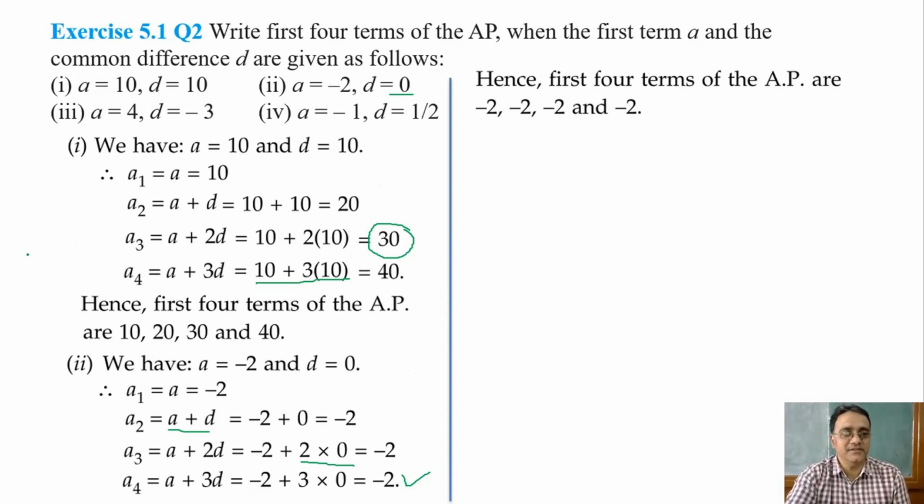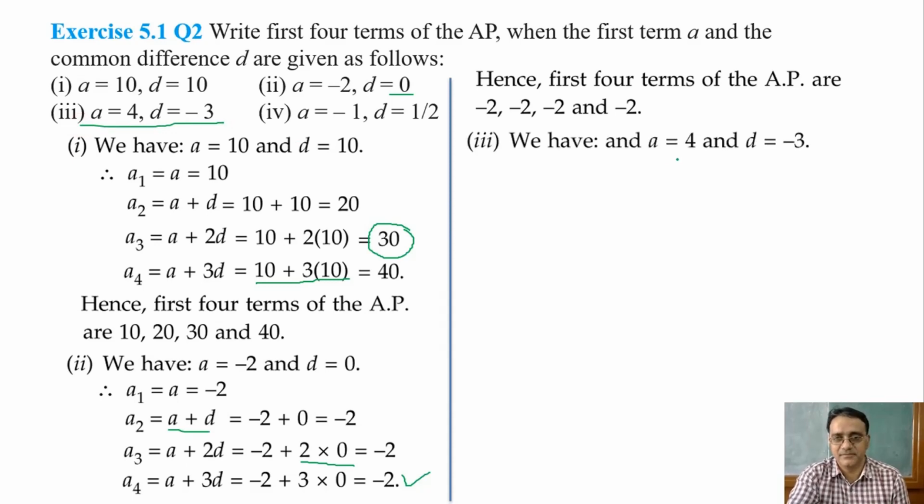Now next question, A is equals to 4 and D is equals to minus 3. So what is the first term here? 4. Second term, A plus D. What we are getting? 4 plus minus 3, 1. 1, right.